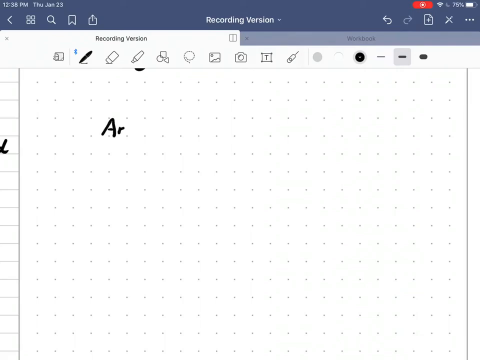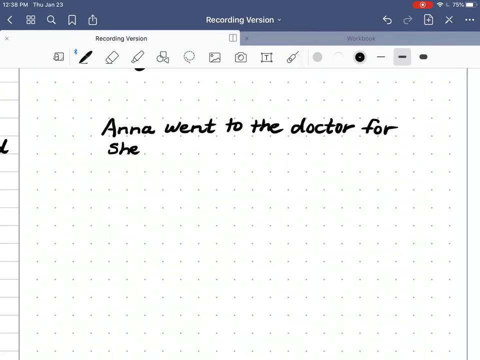Anna went to the doctor for she had a high fever.